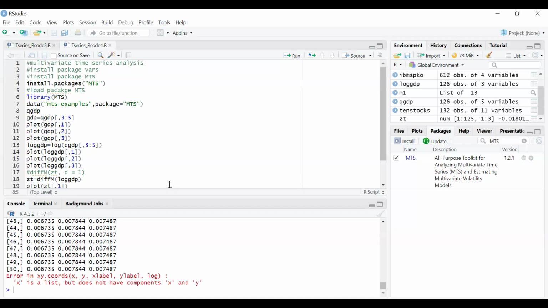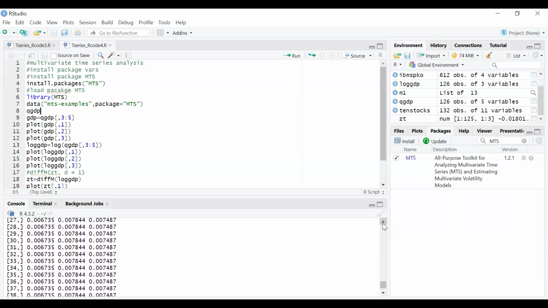Have you been able to install that? Is everyone getting that package, the MTS package?